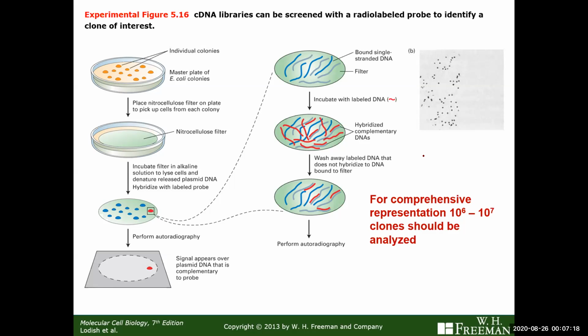The recommendation is that if you have a pool of 10 to the power 6 to 10 to the power 7 different bacteria, chances are that one of the bacteria will have the mRNA of your interest, or every mRNA will be represented as a cDNA in the pool.